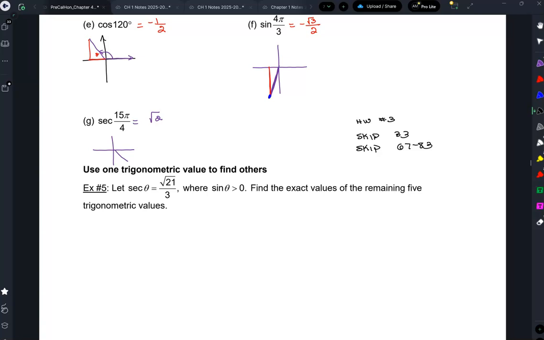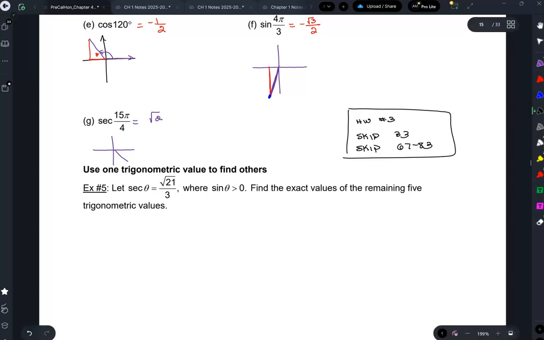Okay, remember this was a 2-day lesson. Like this one, 67 to 83. So skip these. This is due when? Tomorrow. Okay, and then I'm going to teach the rest of this. And then Monday, what do you have on Monday? A quiz. Yay.